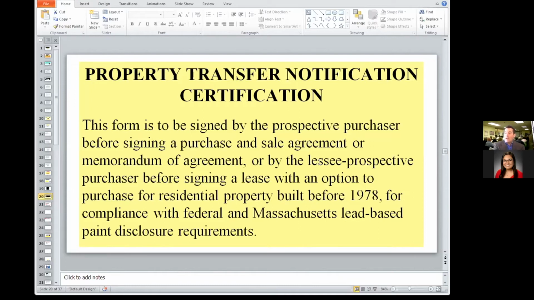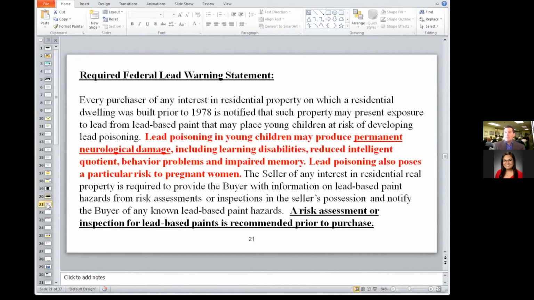By the lessee or purchaser. It says on properties built before 1978, not 1985, for compliance with federal and Mass lead laws, you must give this form. And then it says right on the form, the required federal lead warning statement: every purchaser of a home built before 78 is notified.